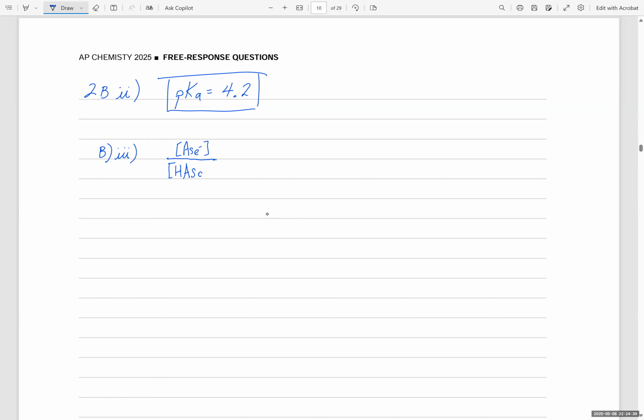All right, so we know that the Henderson-Hasselbalch equation is pH equals pKa plus log of base over acid. In this case, it's ASC minus, our conjugate base, over acid.